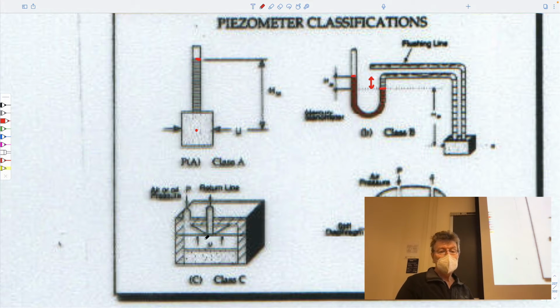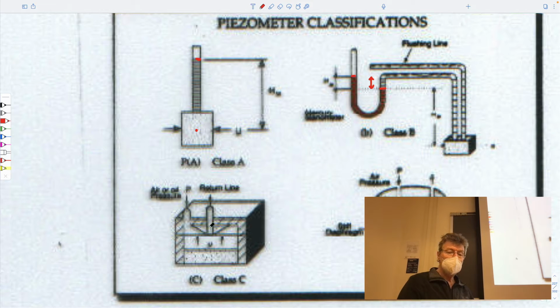And more sophisticated ways, apparently, of measuring pressures would be to use pneumatic piezometers. So this would be a membrane which covers the edge of this. If you imagine that the pressure acting on this is the same as the pressure you blow in down here, no fluid flow will occur.